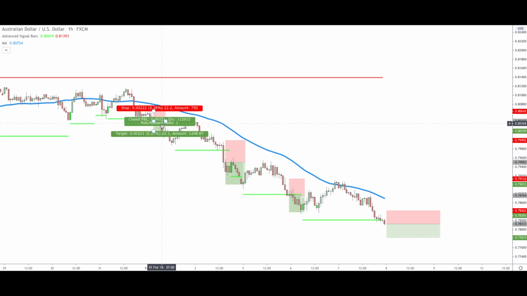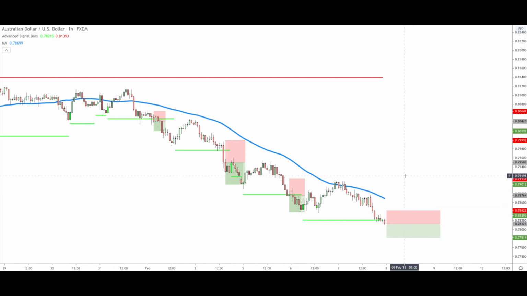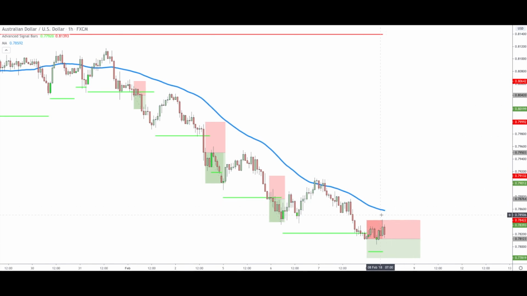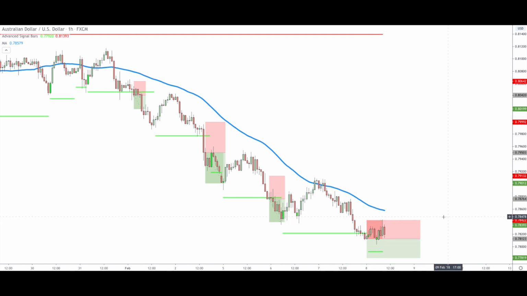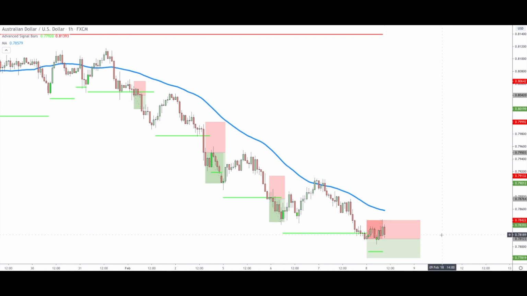So far we have 1, 2, 3, and this is the 4th opportunity. Okay, so let's see what happens next. This time we were a little bit unlucky, guys, because we've been stopped out. You see here the price just touched our stop loss level and then retraced, and then it's now down.